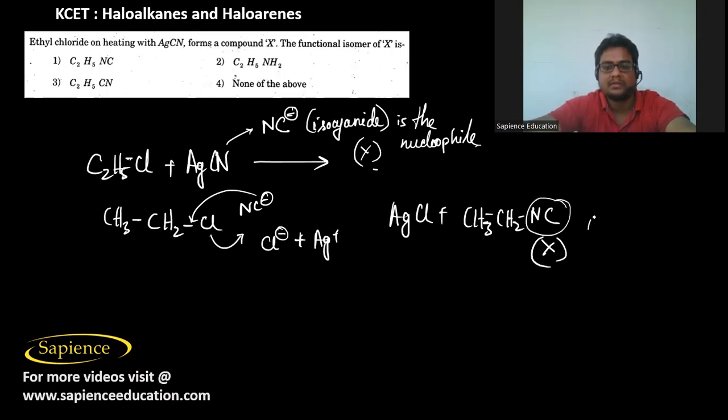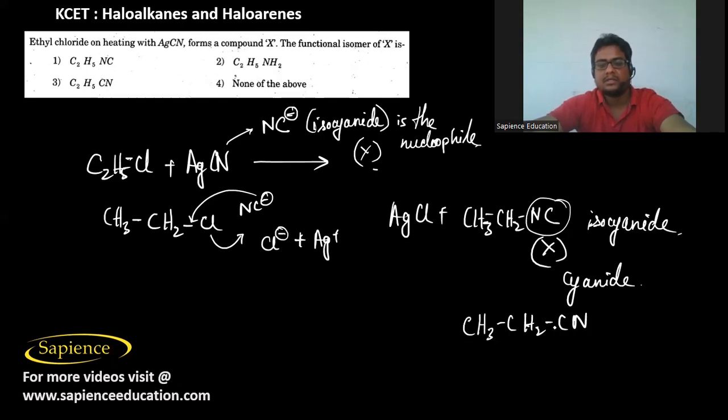Now isocyanide is a different functional group with respect to the cyanide group. So CH3CH2CN we can call propane nitrile, or ethyl cyanide, and CH3CH2NC is called ethyl isocyanide.